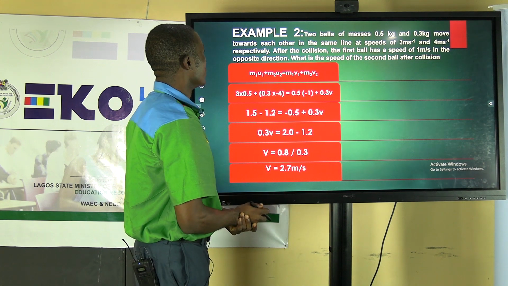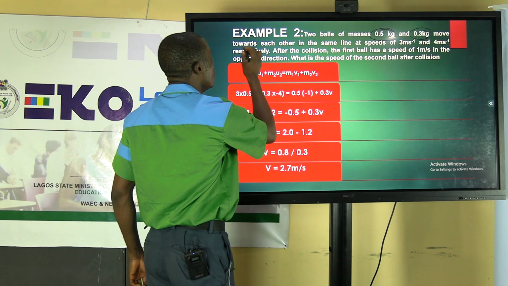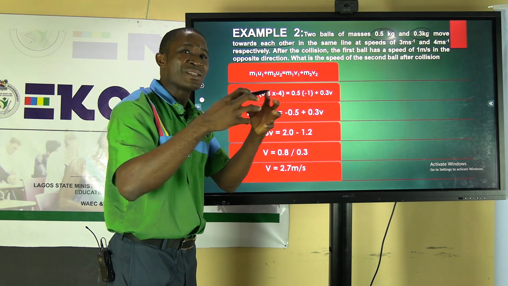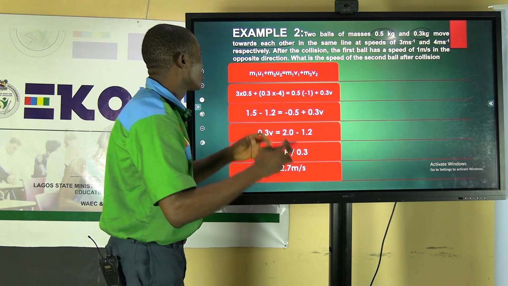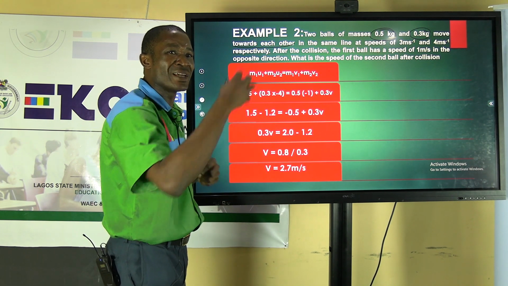Example number 2. Two balls of masses 0.5 kilogram and 0.3 kilogram move towards each other. Now from that statement, move towards each other, for objects to move towards each other means they are in opposite direction. So if they are in opposite direction, one will pick the primary direction and the other will be the negating direction.